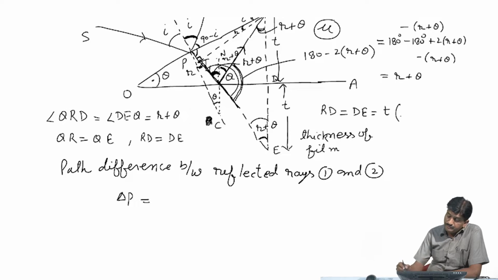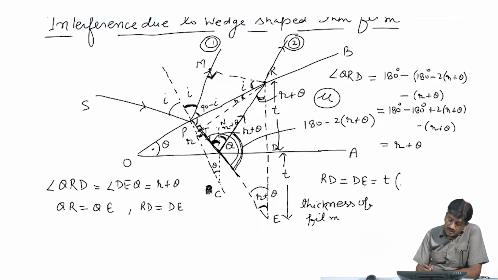See the diagram, this ray should be PQ plus QR, and this is PM. Ray 2 has an extra path in comparison to ray 1, that is PQ plus QR.